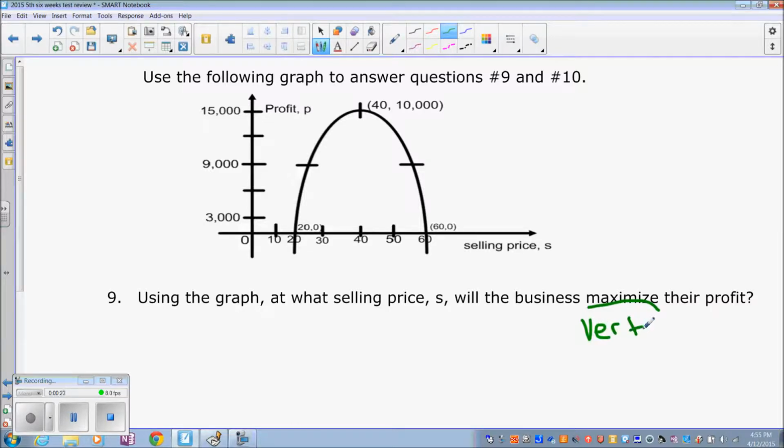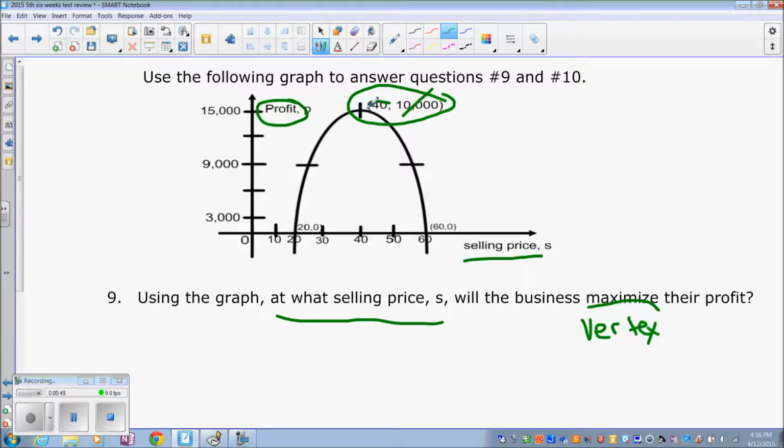So we're looking for the highest point, also known as the vertex, and this is the highest point. So it's asking at what selling price. And I noticed the Y is the profit, so we're not looking at the profit. And the X is the selling price, so we're looking at this X value right here. And that's going to be our answer.